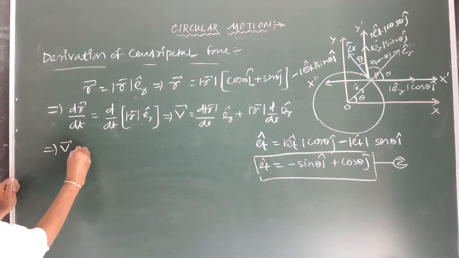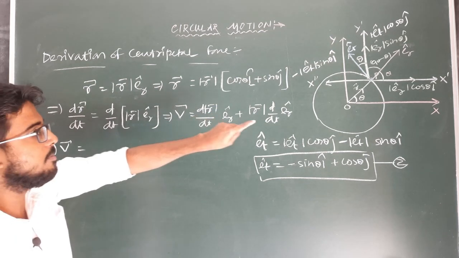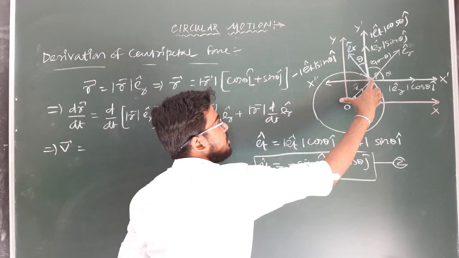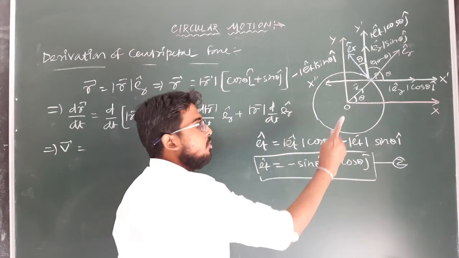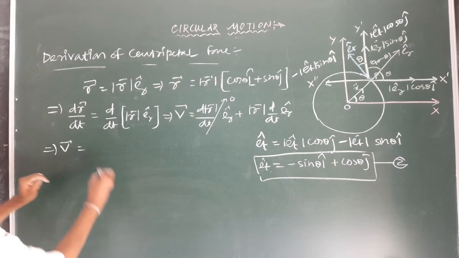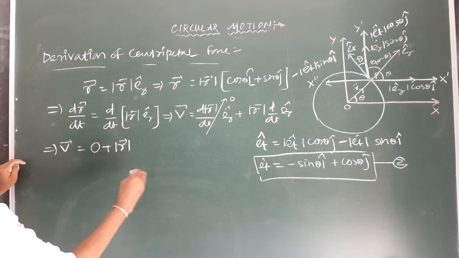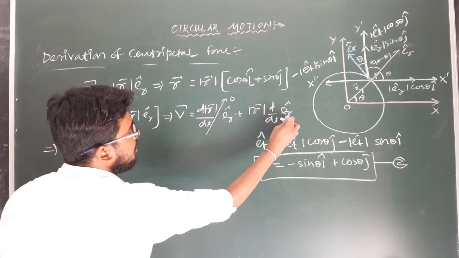Here the radial vector magnitude remains constant, as the radius, this length of the circular path, is always constant. So this term will be 0. So this implies 0 plus |r vector| into d by dt of er cap.